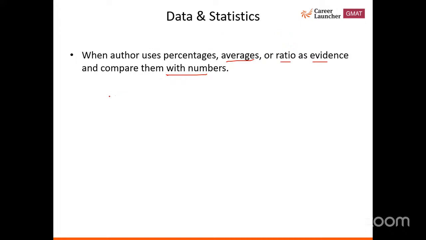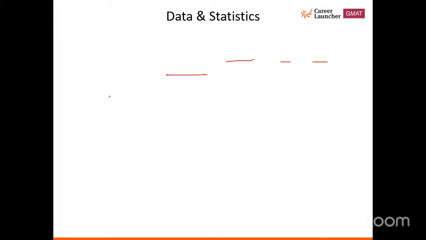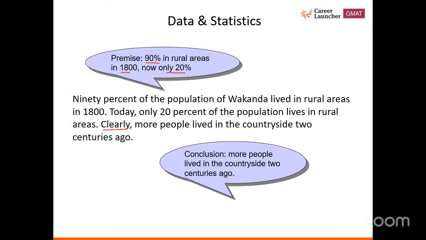Now the challenge here is that if you look at the previous argument, 90% lived in rural areas in 1800. Let's say the population in 1800 was 100. So 90% would be 90. However, now if the population has grown to 1000, even 20% will give you 200.